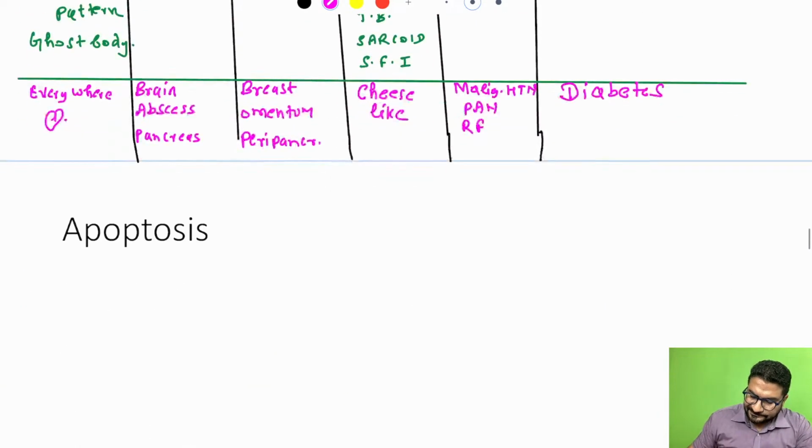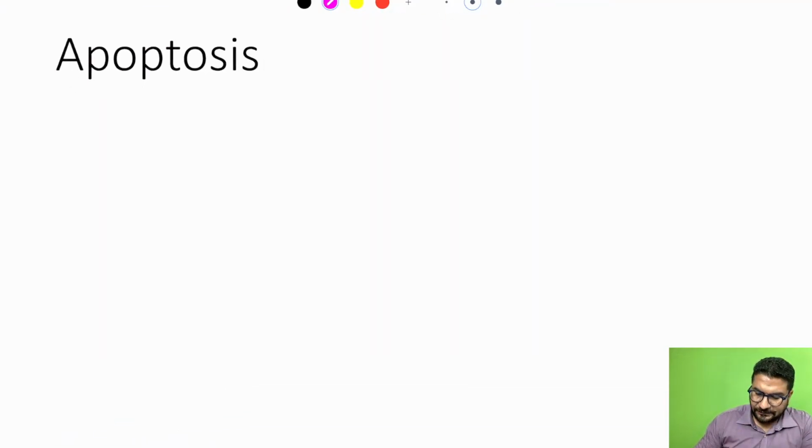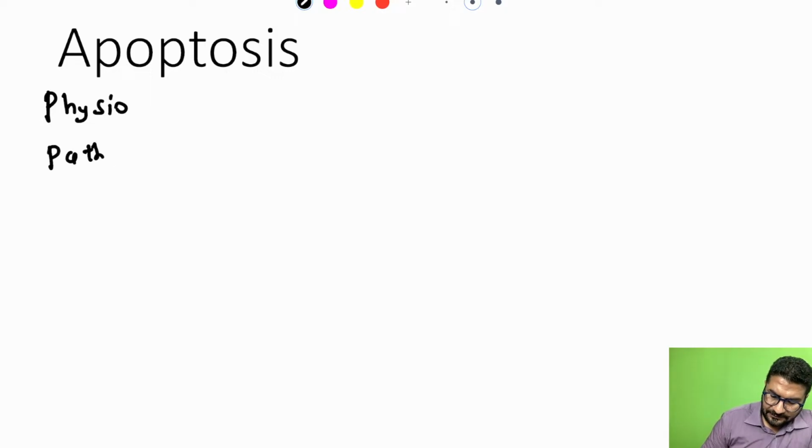Am I clear? Okay, now coming to apoptosis. So what are the MCQs they ask on apoptosis? So apoptosis, understand. We have different pathways of apoptosis. Apoptosis can be physiological, it can be pathological.